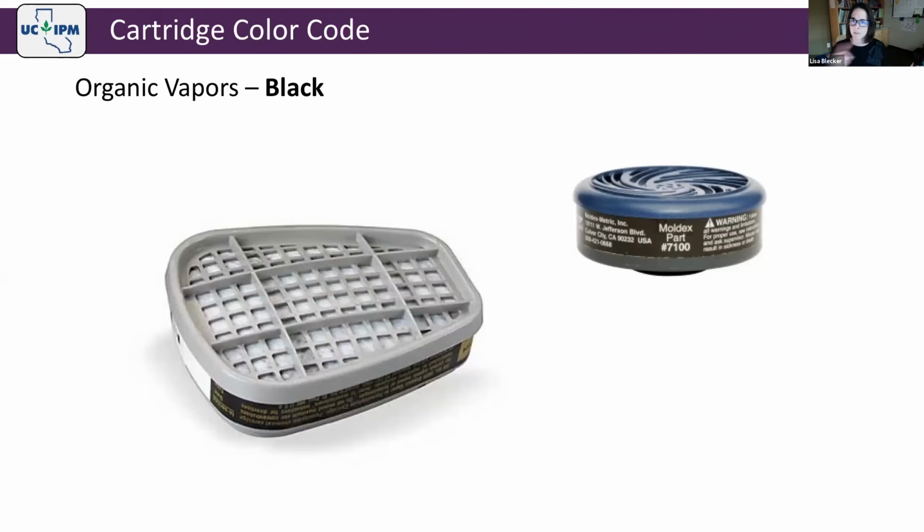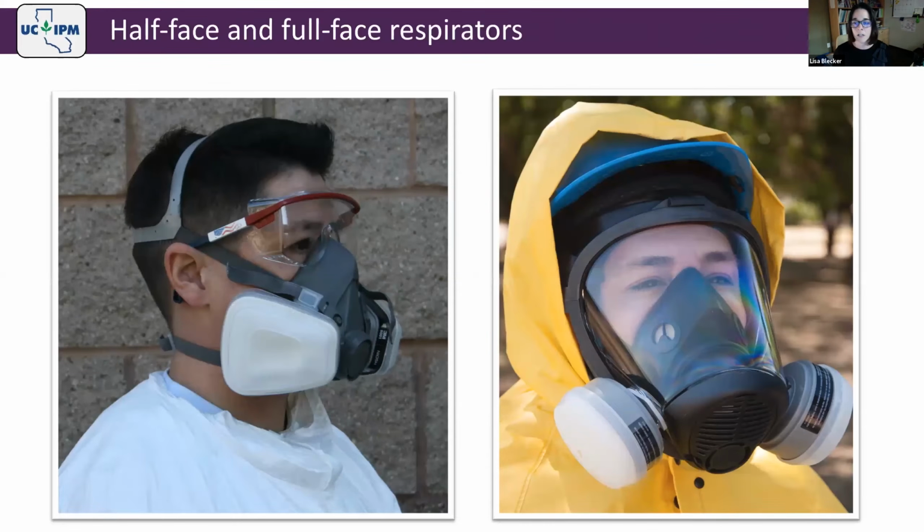And so sometimes also around the band, it'll say organic vapor, but certainly in the packaging, when you purchase it, it has to say organic vapor, and it will also say NIOSH on it, because the cartridges and the respirators and everything have to be tested and certified by NIOSH. So the chemical cartridge respirators can be either a full face, like you see here on the right, or a half face, okay?